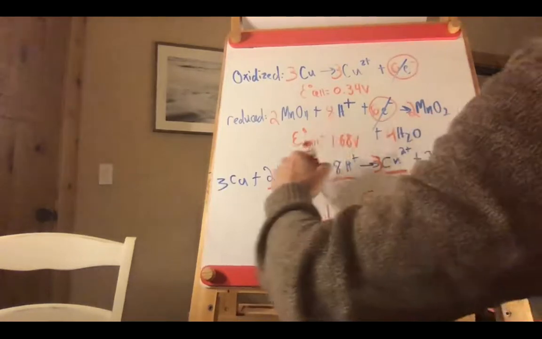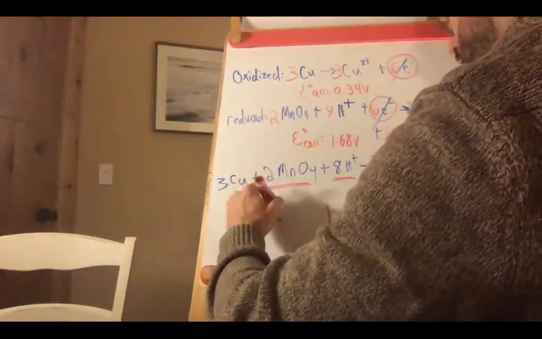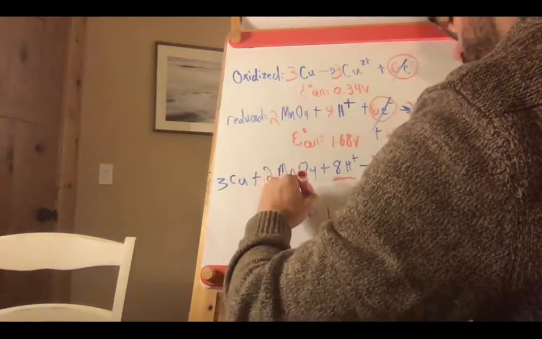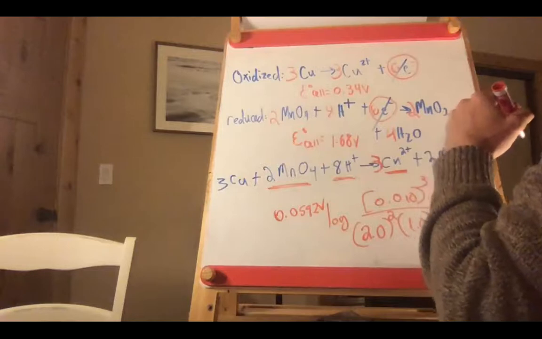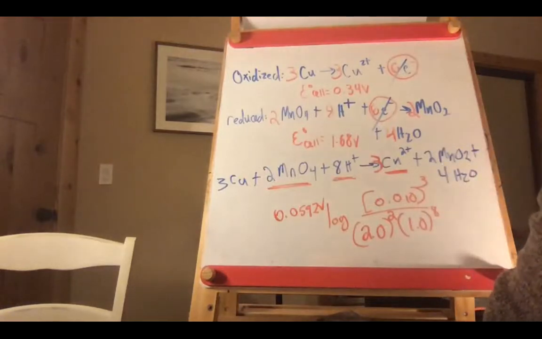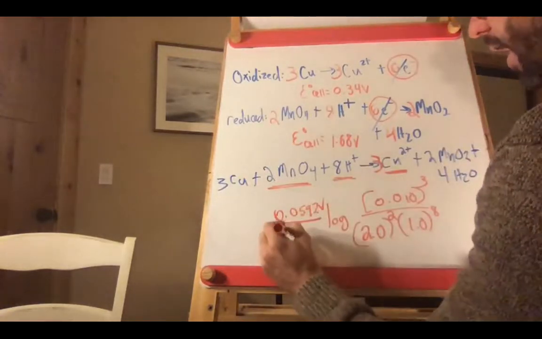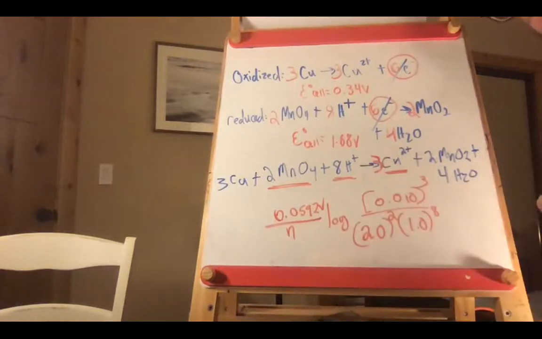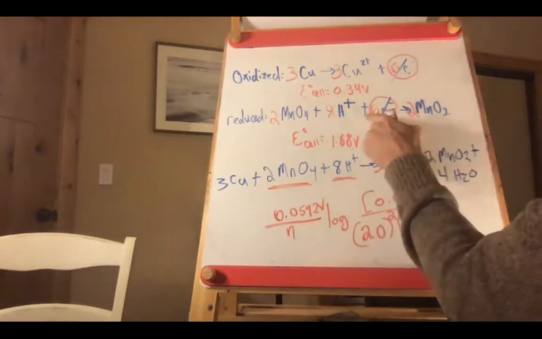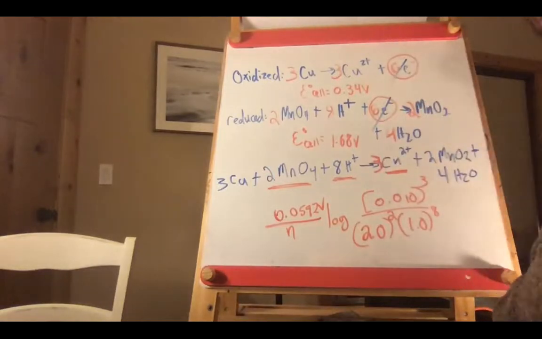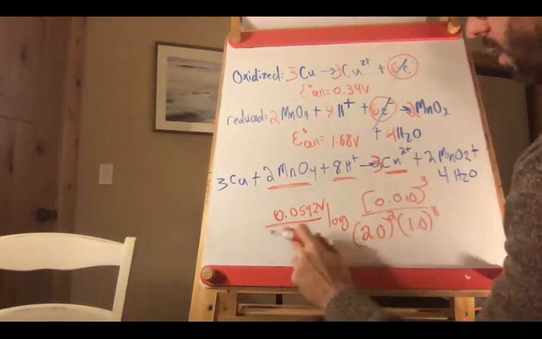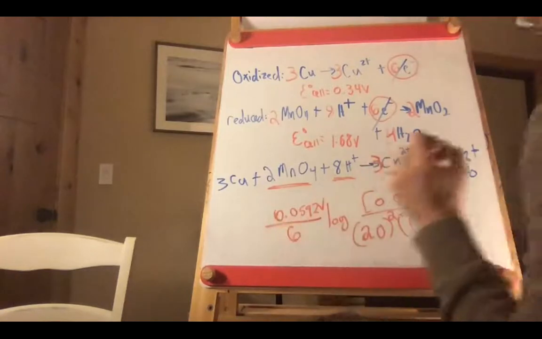And that gives us a 0.0592 volt, right? Follow me so far? Over N. Now, what is N? N here is 6, right? Because that's what we had to get to cancel them out. So it's going to be N is 6.